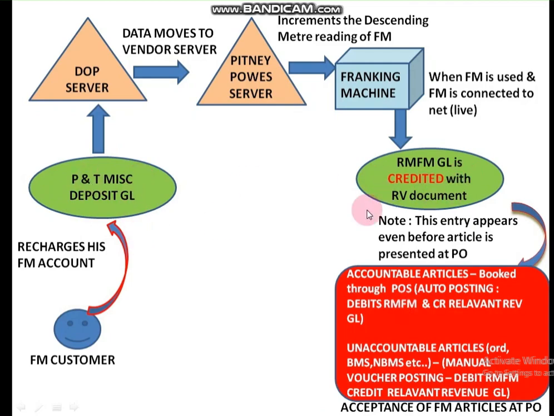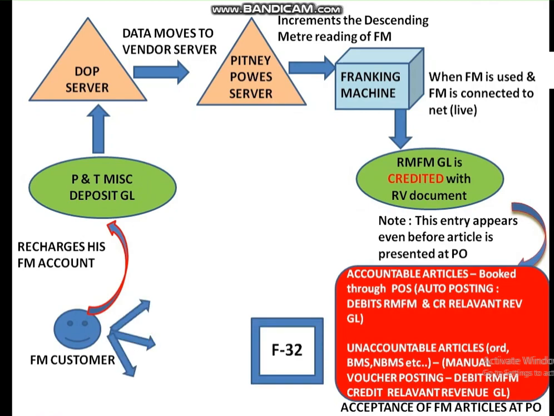Now let us see, there are two different GLs. One is the P&T misc deposit GL and the other is the RMFM GL. The customer recharges one GL and utilization is happening in another GL. So there needs a reconciliation, F-32. Through this F-32, we are going to reconcile recharge done less utilization.